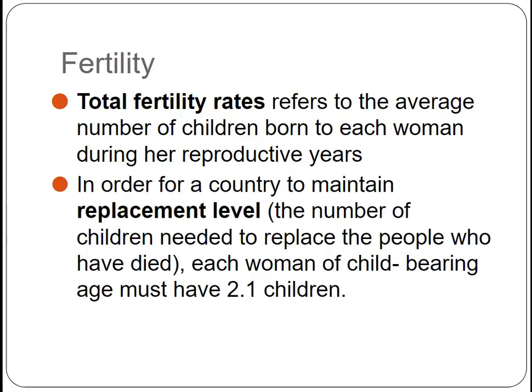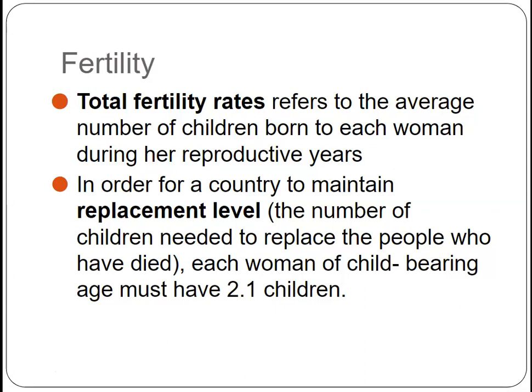If we're looking at just maintaining what's called replacement level, right? So if I have two people, a man and woman who are producing children, that's two people. When they die, I have to have two people to replace them if I want my population to stay stagnant, to stay even. So the replacement level for a country is going to be 2.1 children. Each woman must have 2.1 children. Why point one? Well, not all children make it to adulthood, unfortunately, right?